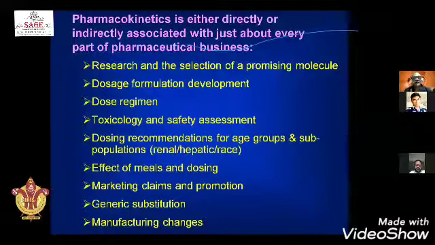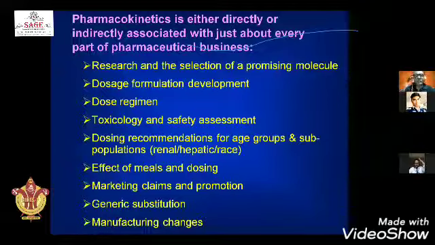And for the development of a particular dosage form, knowing pharmacokinetics is very important, for fixing the dosage regimen, how many times it should be given to the particular patient in a day, so that you will get the drug concentration in the therapeutic window for 24 hours, and you will get the response of the drug for 24 hours.